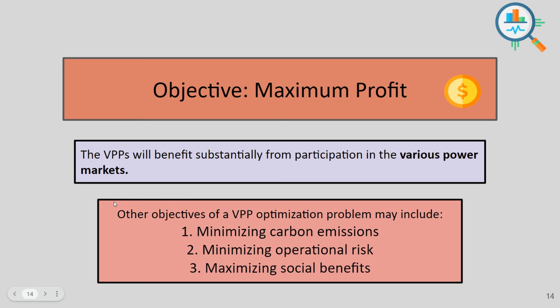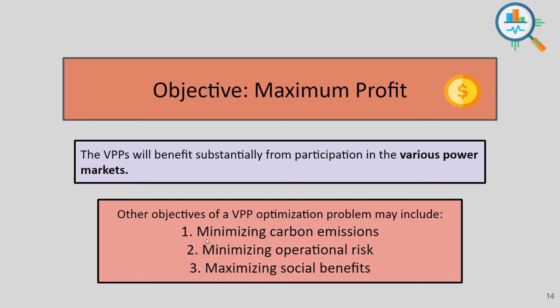Day by day, along with the maximum profit objective, other objectives are coming into the scenarios and becoming very important. Other objectives of a VPP optimization problem may include minimizing carbon emissions, minimizing operational risk, and maximizing social benefits. These are all secondary objectives beside the maximum profit.